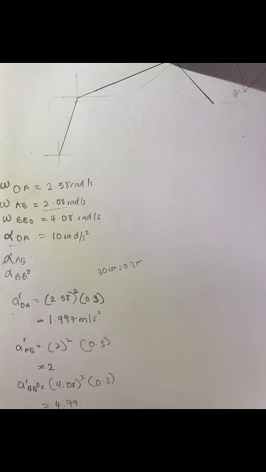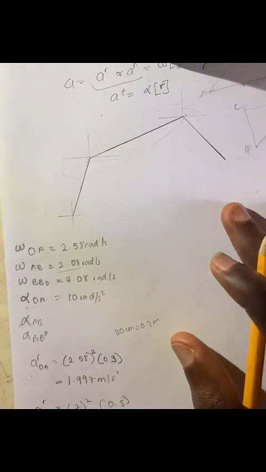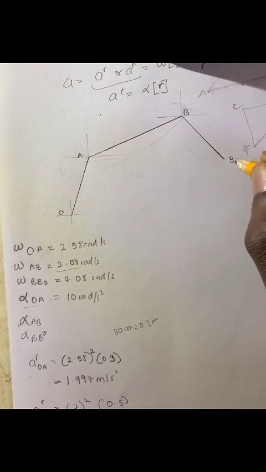So now before I draw my acceleration diagram, I know that this place is B naught.